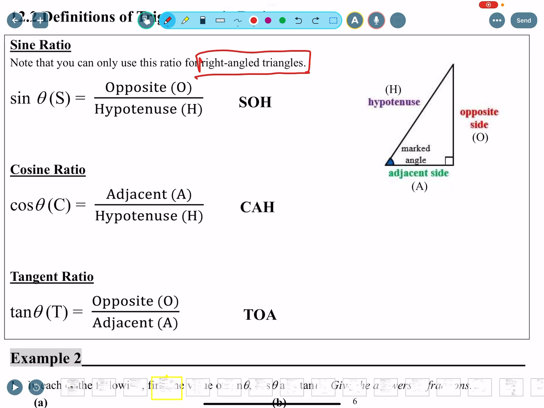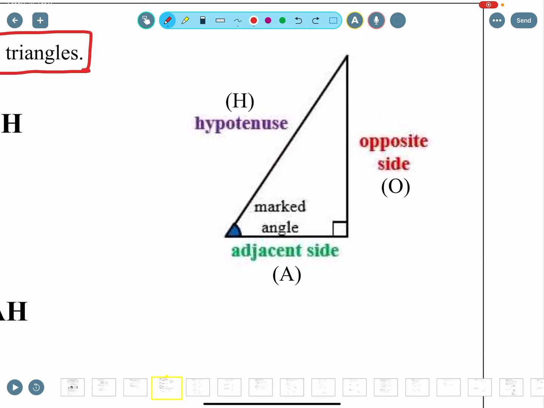For sine, it's SOH. Sine equals opposite side divided by hypotenuse. You have to be careful here, because the opposite side is opposite to the angle. Sometimes they'll give you two different angles, and when you're using the other angle for sine, the opposite side is this instead.